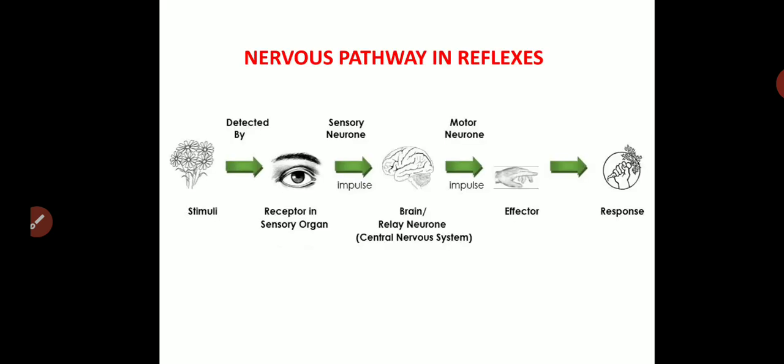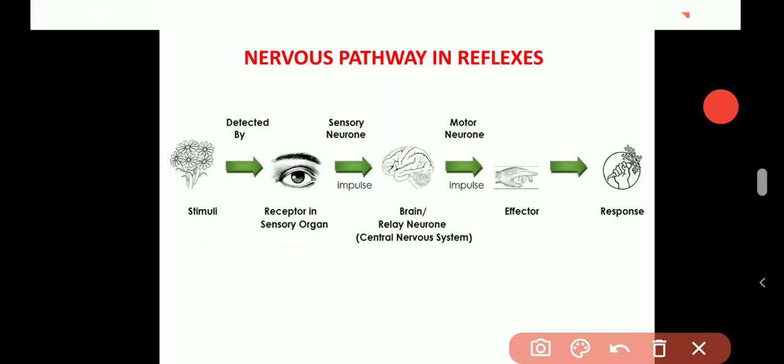Now coming to this part, the nervous pathway in reflexes. How does the information travel? This is a picture of flowers, which means the eye is seeing the flowers. The sensory receptors from the eye take the information via the sensory neuron to the brain.